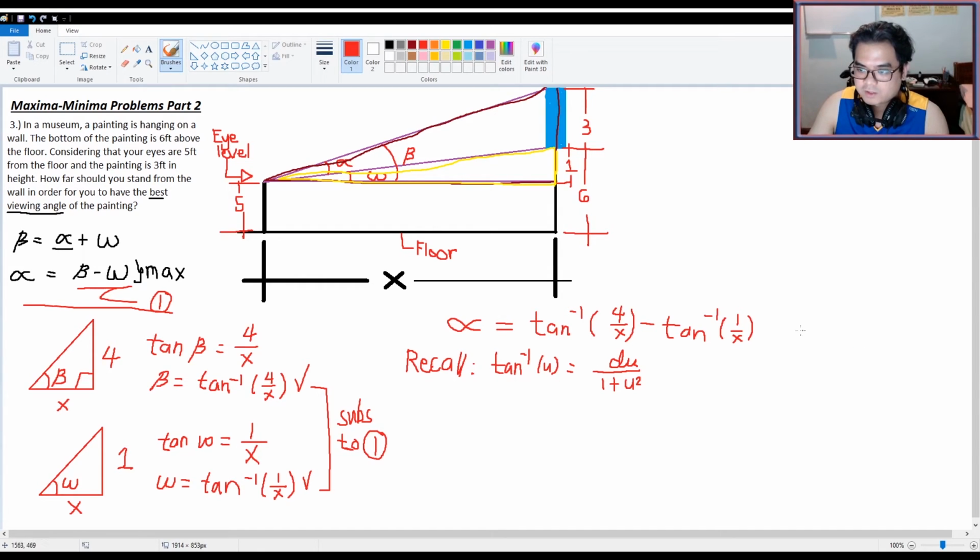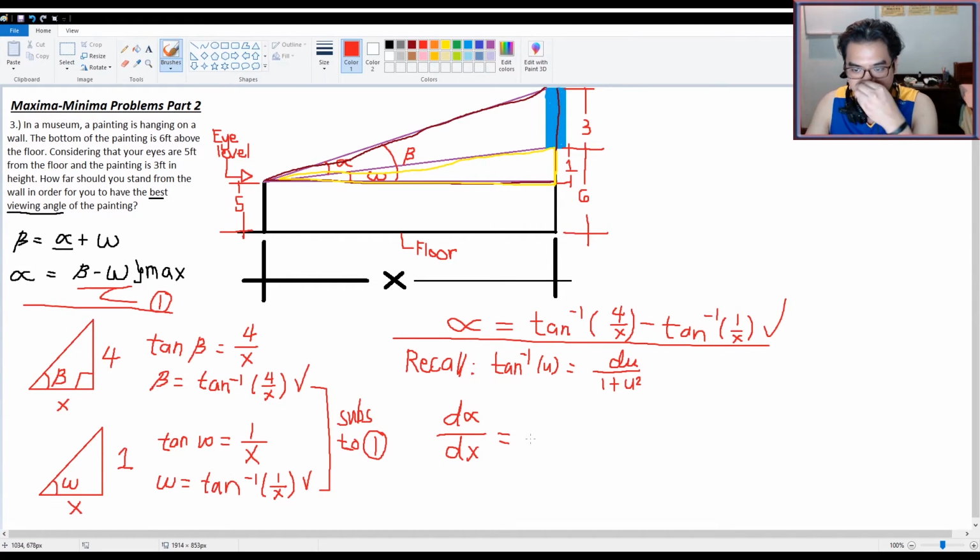So getting the derivative of the function, you'll have d alpha over dx. This will be equal to, remember, du. Your u here will be 4 over x.